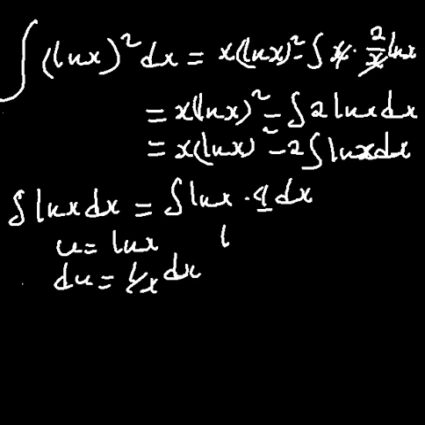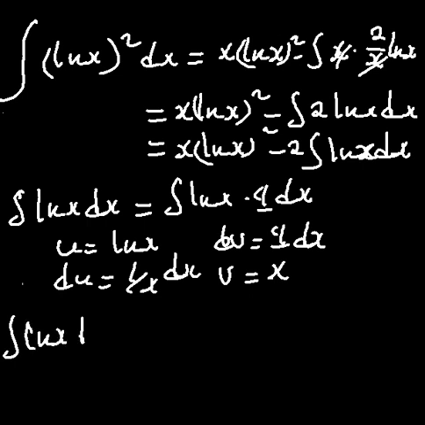And the other one is dv, that is 1 dx, which gives v as x. So the integral of ln x dx will be given as uv, that is x ln x, minus the integral of v du, that is x.